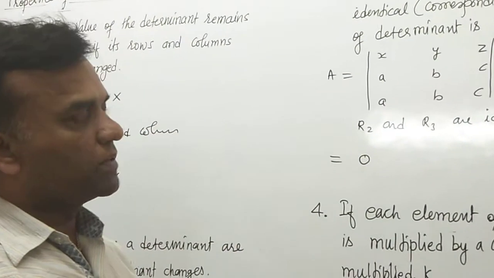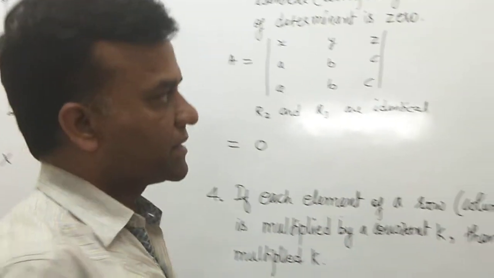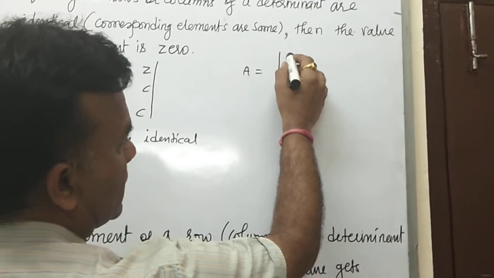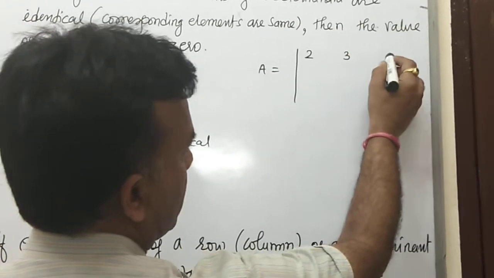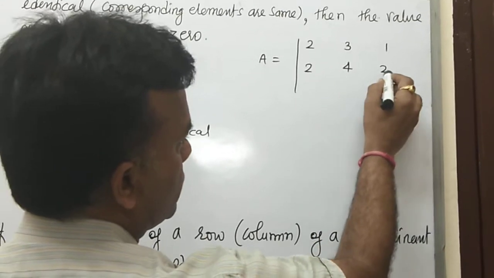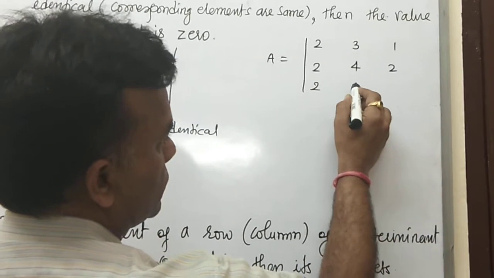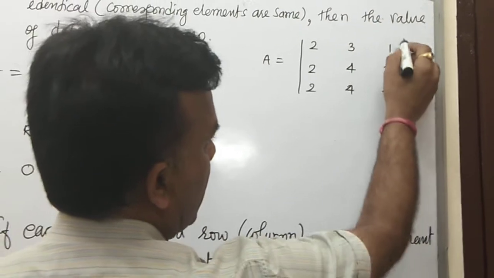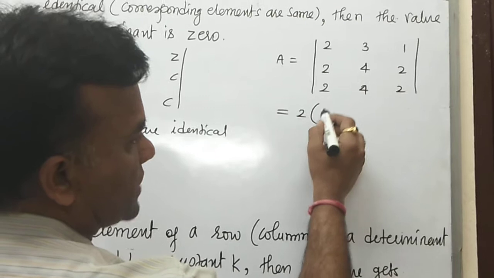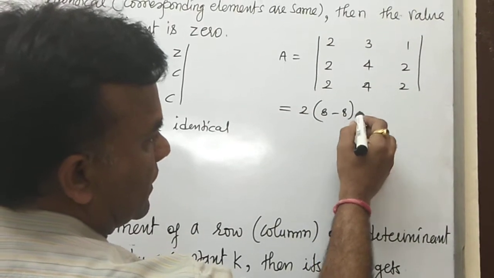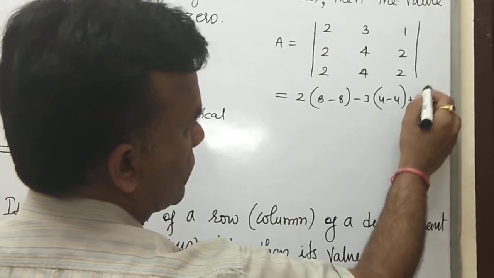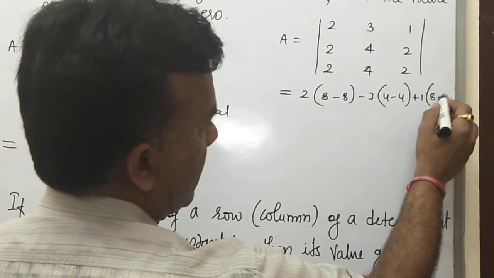And how is it possible? Take an example: here we take 2, 3, 1, and here we write 2, 4, 2, similarly 2, 4, 2, and then solve the determinant. 2 of (4 times 2 is 8, minus 8), minus 3 of (2 times 2 is 4, minus 4), plus 1 of (4 minus 4, that is, 8 minus 8).